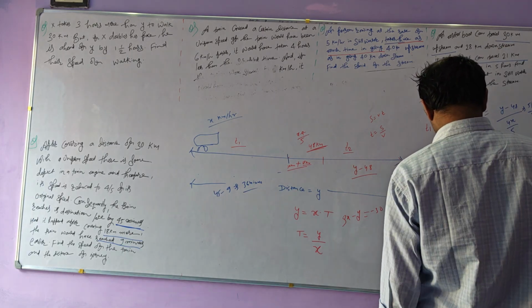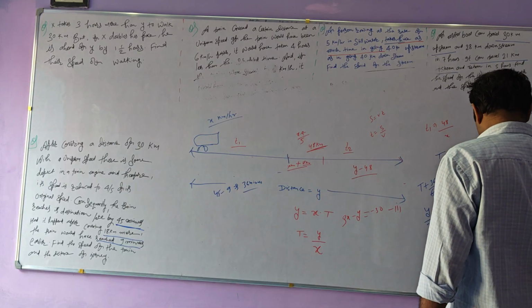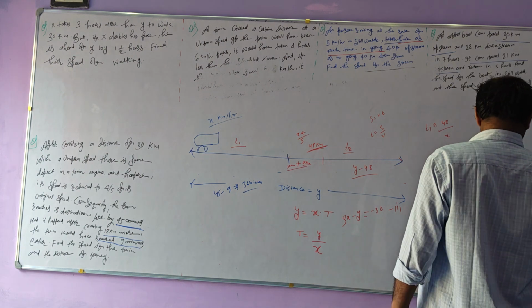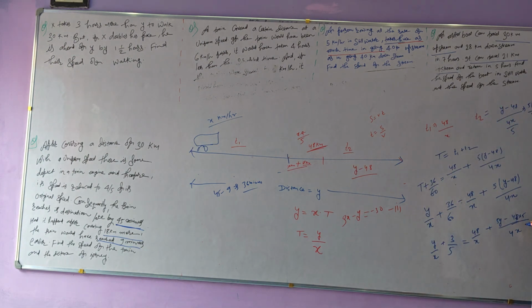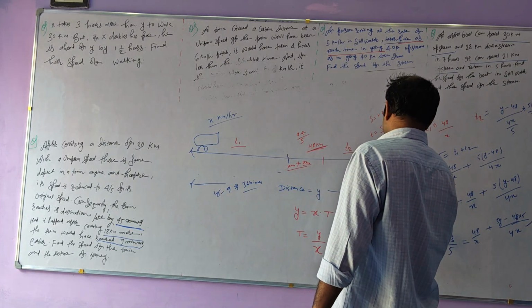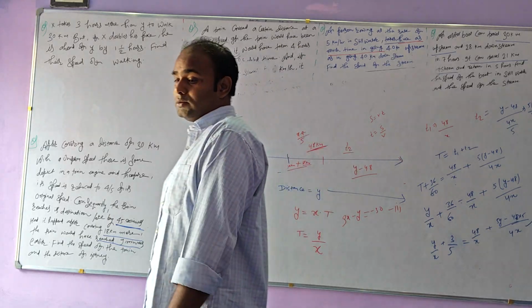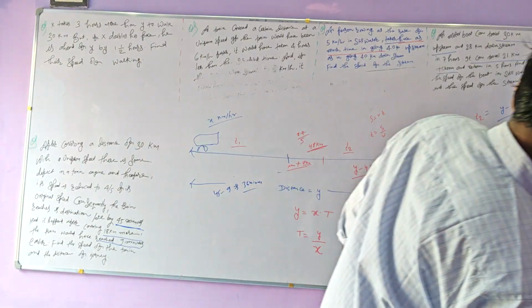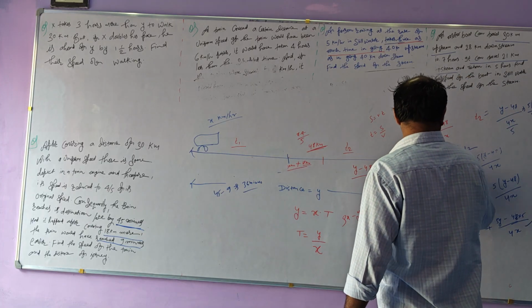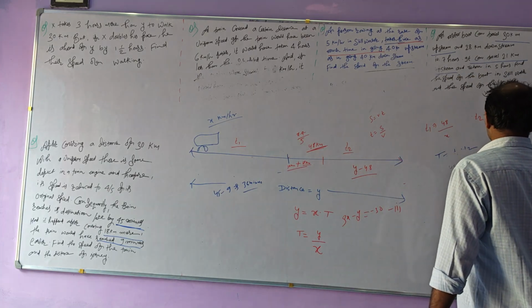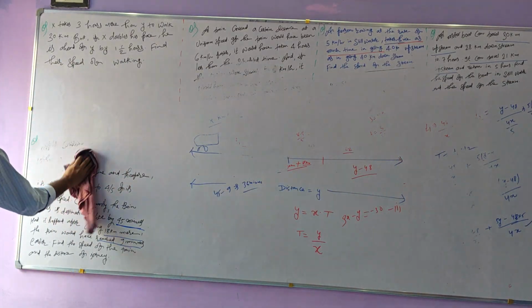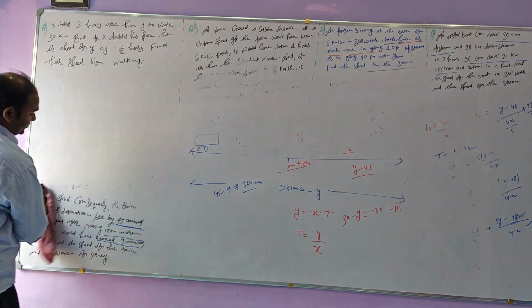When we multiply it by 4x and solve it, we get an equation, and that is going to be compared with this equation. And we have another question.